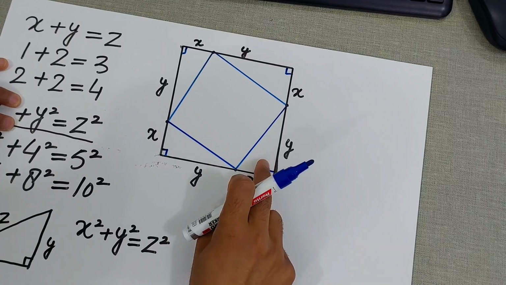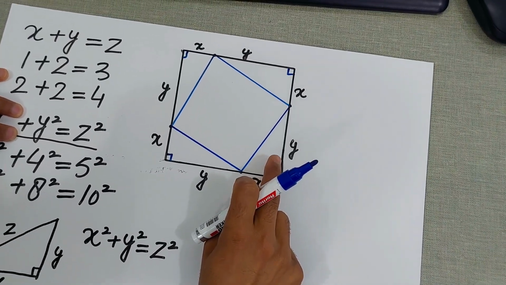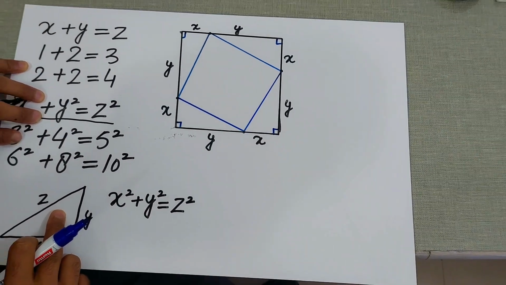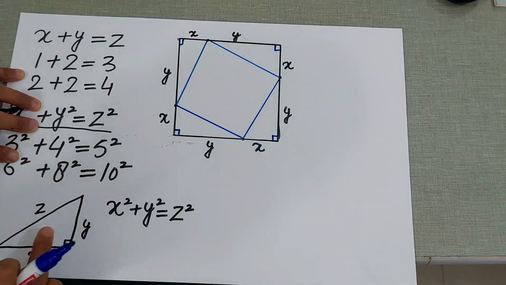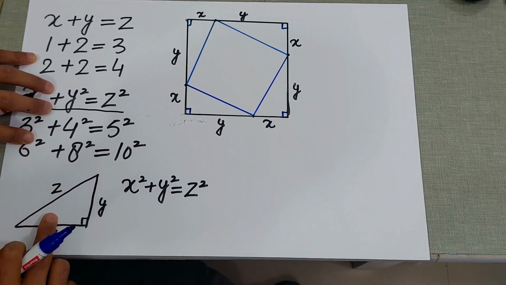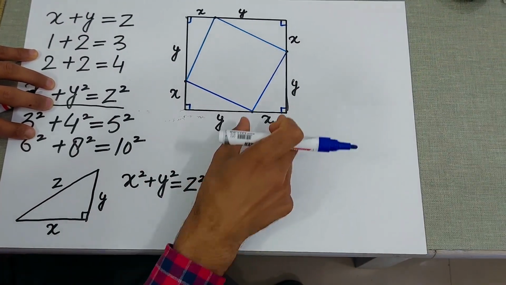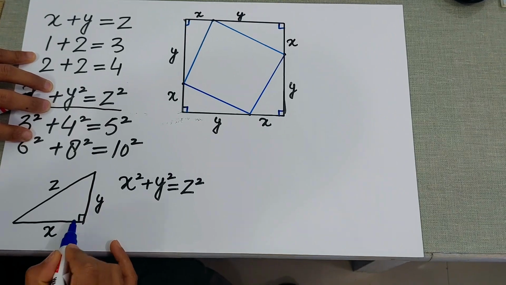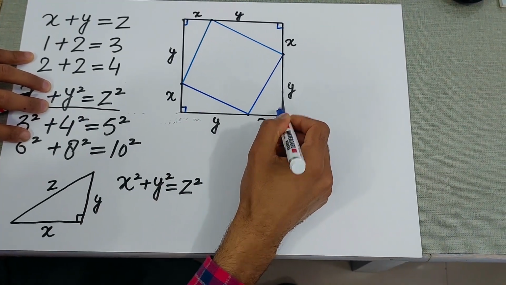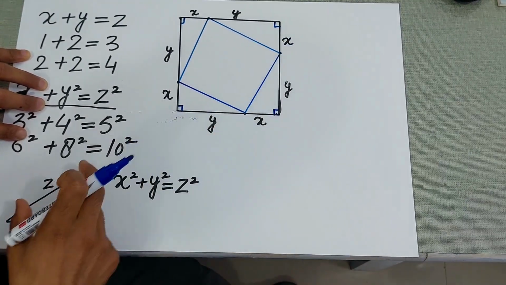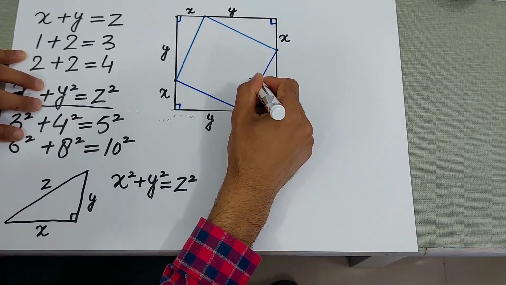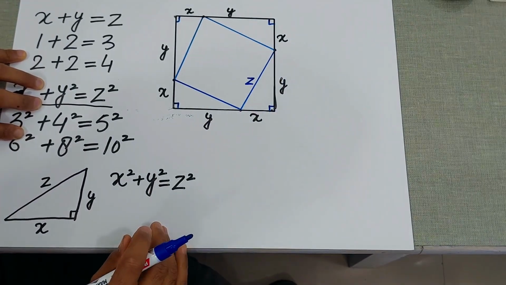If we take this right angle triangle, we can see that this triangle is congruent to this original triangle. Since this is x, this is also x, this is y, this is also y, here it is 90, it is also 90. That means this length is equal to this length. Since this length is z, this is also equal to z.